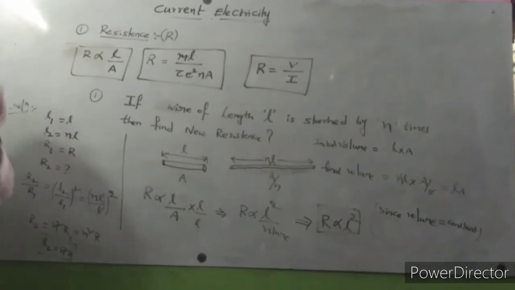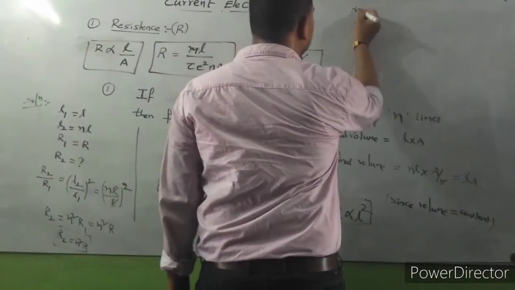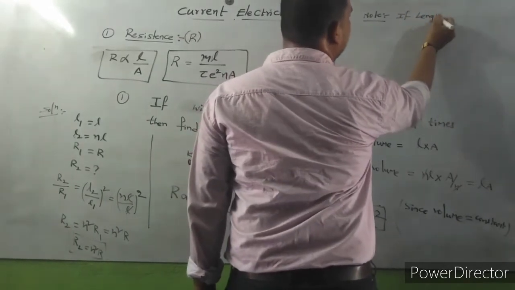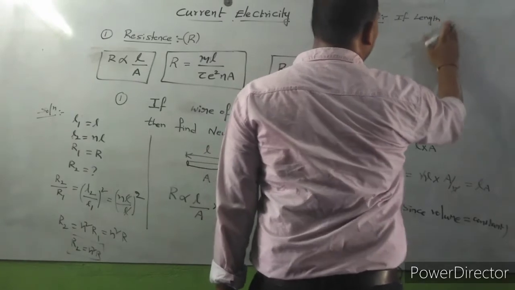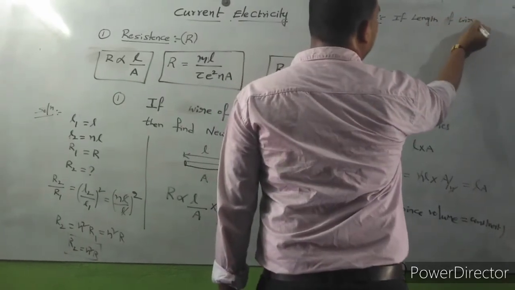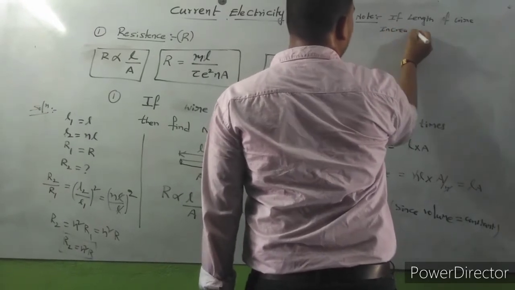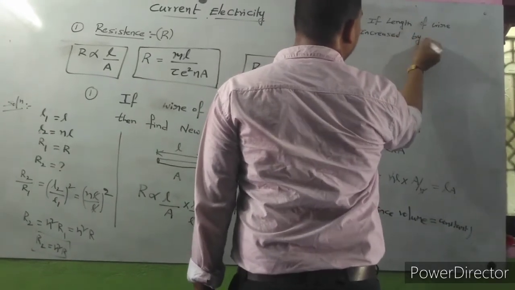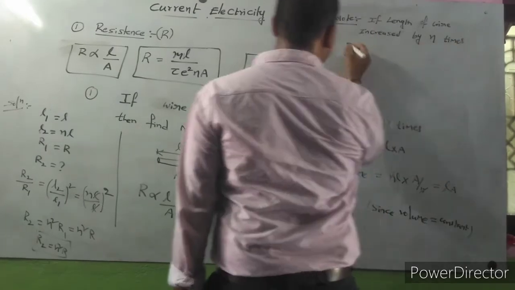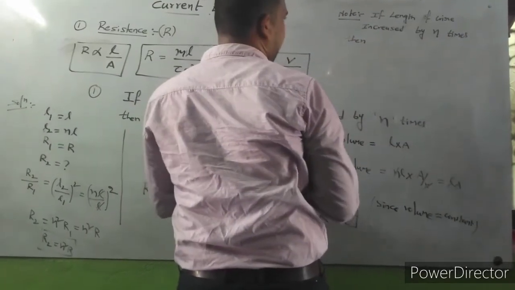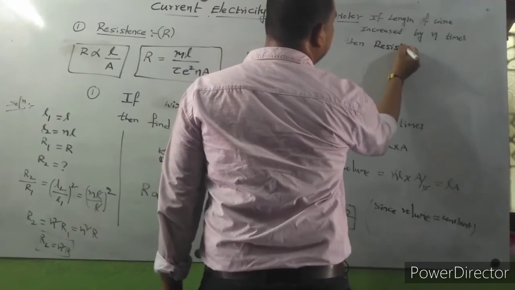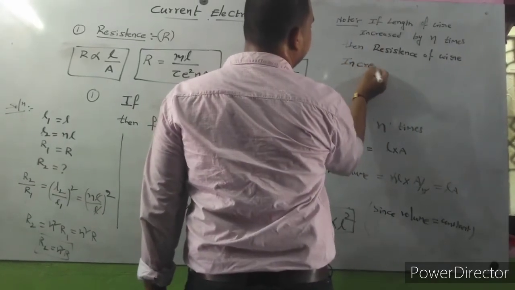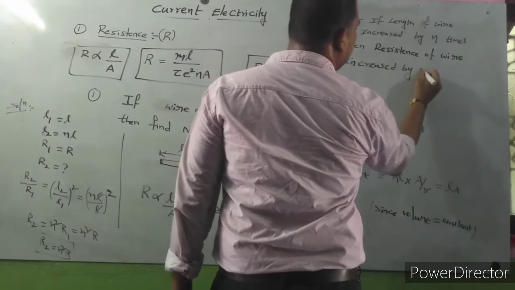If the length of a wire is increased by n times, then the resistance of the wire is increased by n square times.